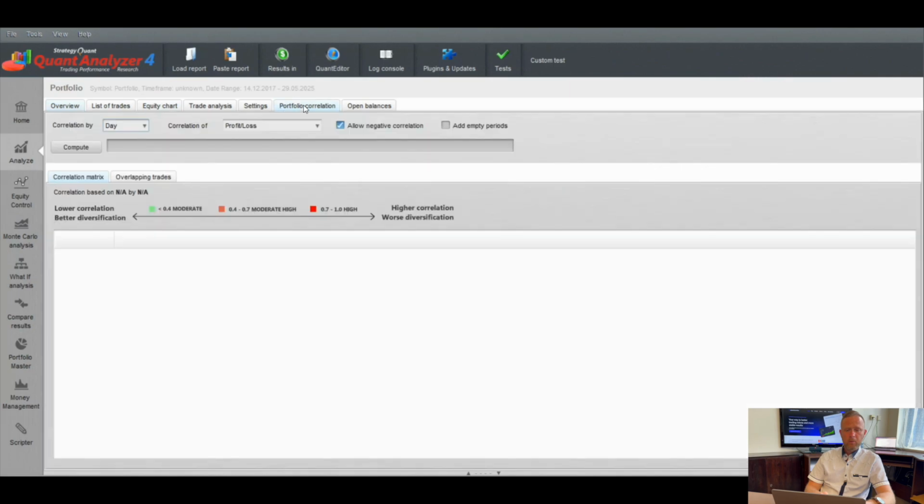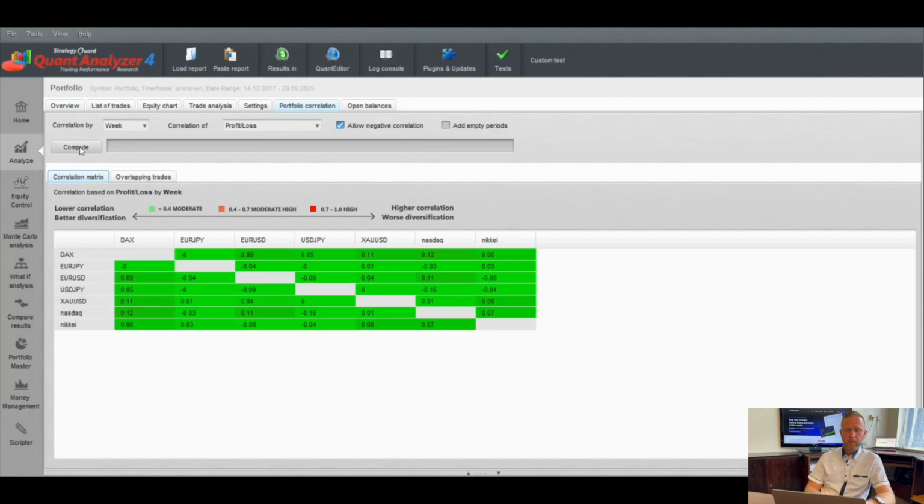Regarding the correlation, I can look at the weekly correlation of gains and losses and see that it is at most around 12%, where the Nasdaq correlates with the DAX at 12%.